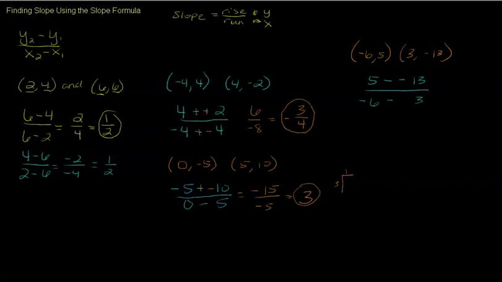Again, we change all subtraction to adding an opposite. So this is 5 plus 13, which is 18, and this is negative 6 plus a negative 3, which is negative 9. This reduces down to negative 2. That's your slope, so it's going down instead of up here.